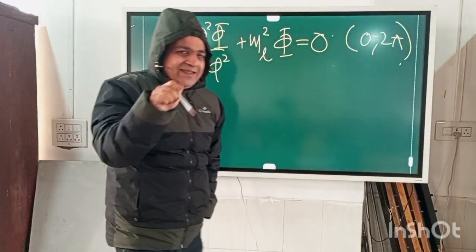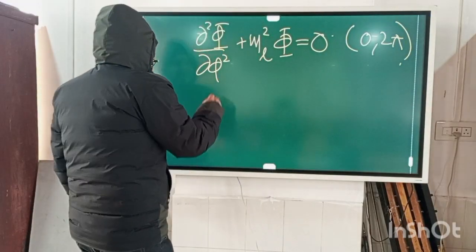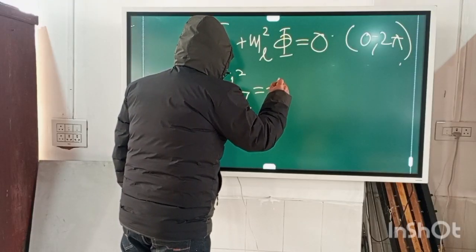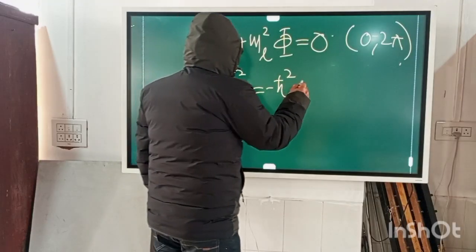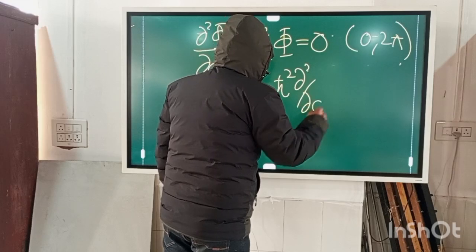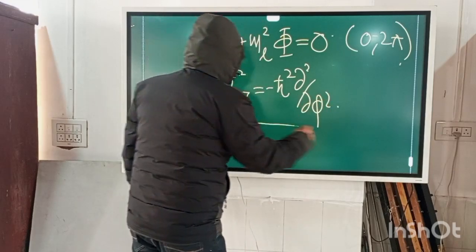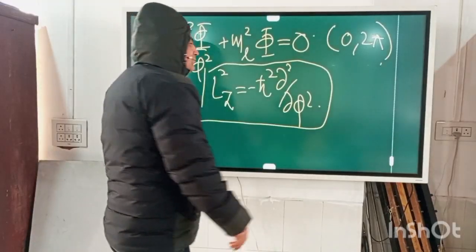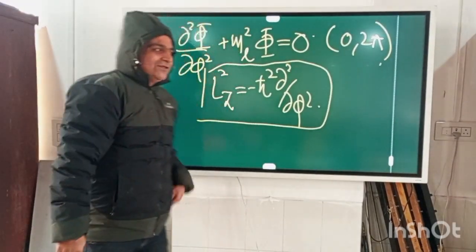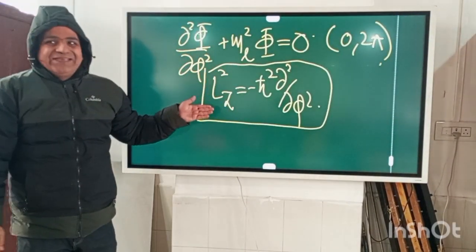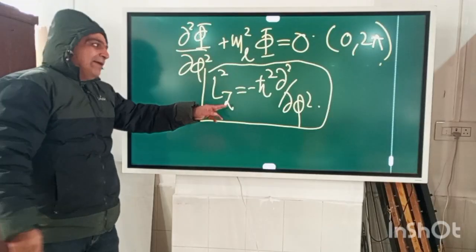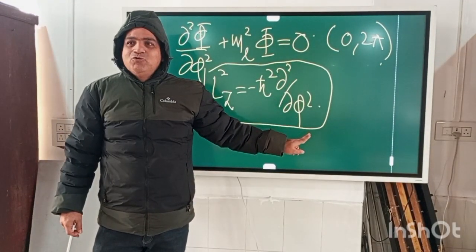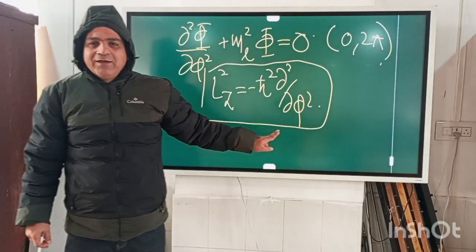The algebraic thing that I was telling you, you will see there, if you take only Lz², it comes out to be −ħ² ∂²/∂φ². So if you take only the Z component square, it comes out to be −ħ² ∂²/∂φ².